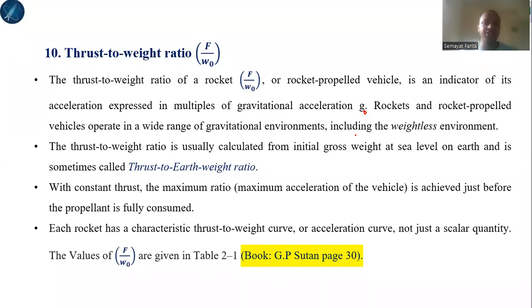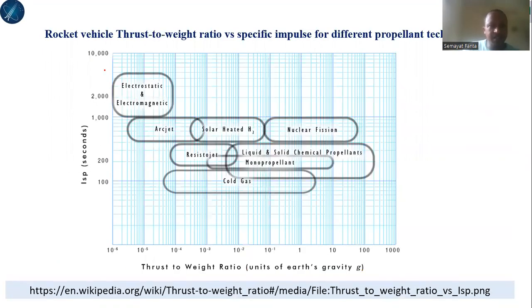Rockets and rocket-propelled vehicles operate in a wide range of gravitational environments, including the weightlessness environment. So this ratio has an effect, and its values are given in Table 2.1 in George P. Sutton, which you can check on page 30. These are charts which help us identify the ISP and the thrust to weight ratio for different types of propulsion systems.